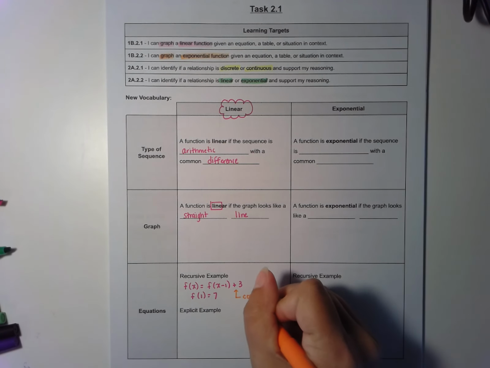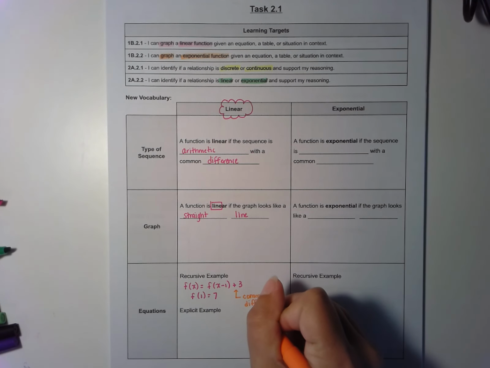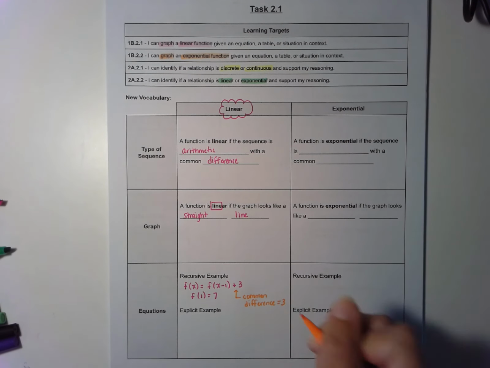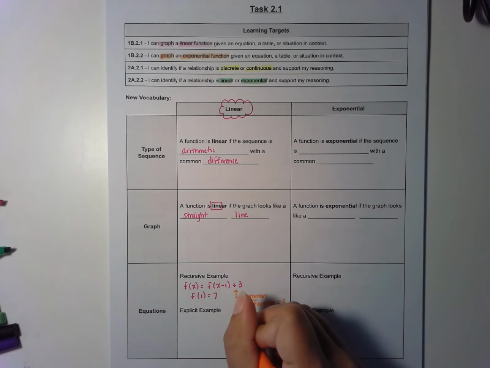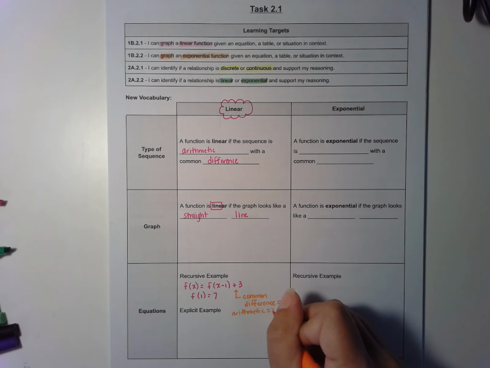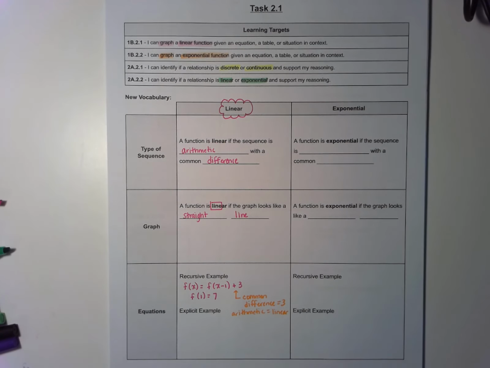So the common difference is equal to 3. It's also an arithmetic sequence, which means now we're going to call that linear. So arithmetic and linear are kind of the same thing.